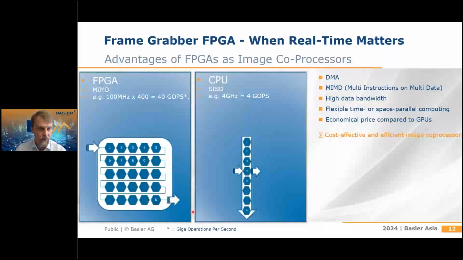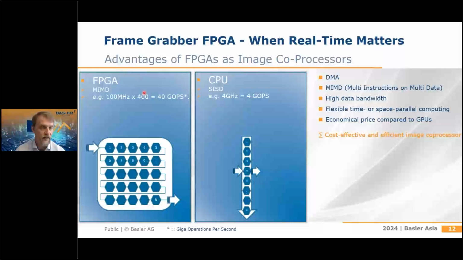While on the left we can see that one operation is performed after the other on the image stream going through these devices, for example N would be 400 and the FPGA system clock would be at 100 megahertz. Our frame grabber is even higher, but even with 100 megahertz, the calculation shows you can multiply by the operations you're performing on the image data.